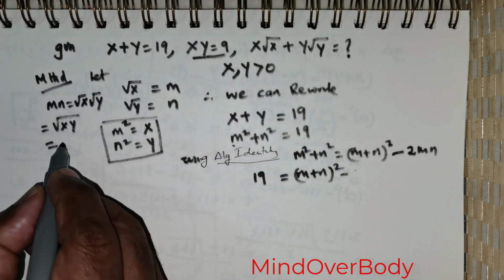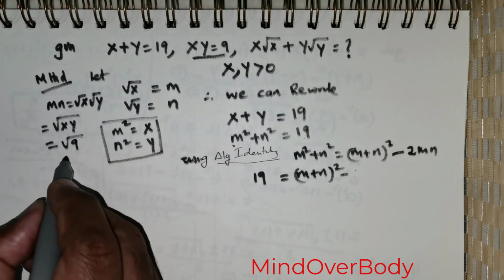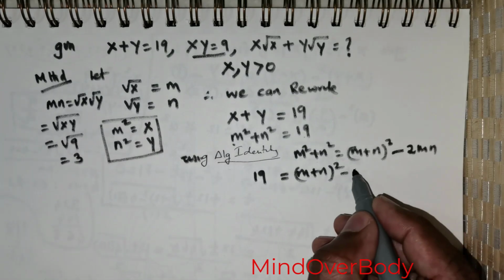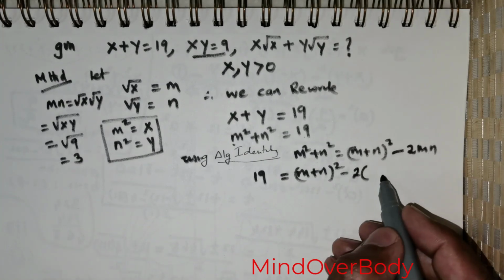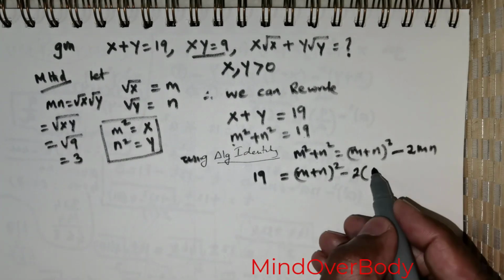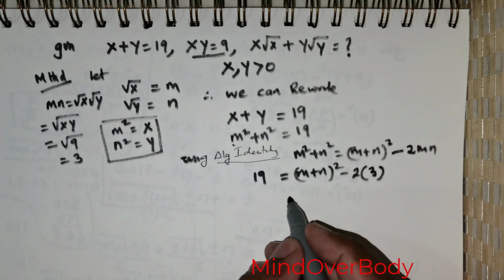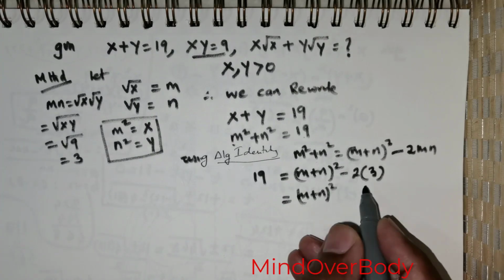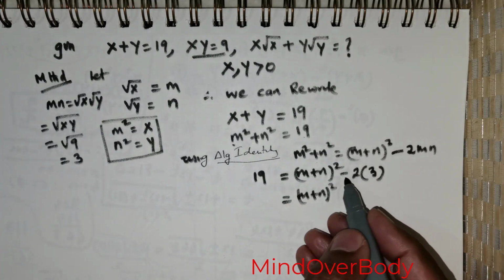So let us place that value. So it's going to be root of 9, which is going to be 3. I'm just concerned with the positive value. So this is going to be 2 times 3, which I've already calculated. So let's place that. This is equal to (m plus n) raised to the power 2 minus 2 times 3.